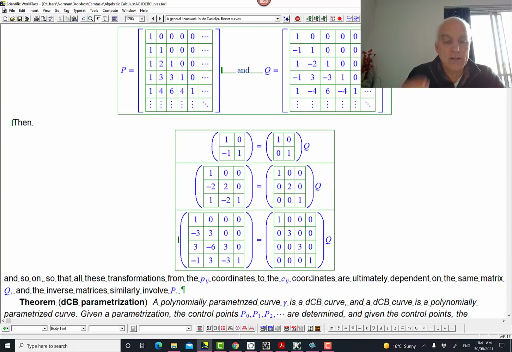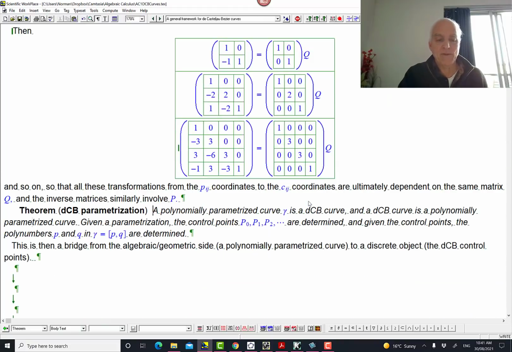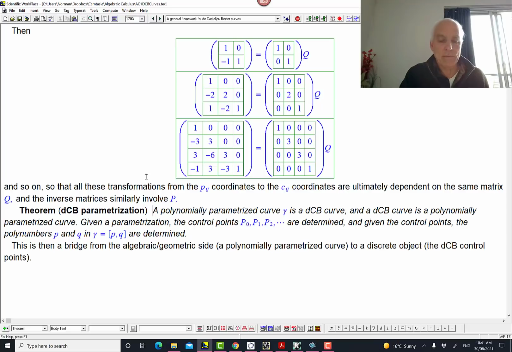All right, so this allows us to conclude that this transformation between the P's and the C's, that we've observed in these low-dimensional cases, is really quite general and allows us to formulate this major theorem, which we might call the DCB parametrization theorem: a polynomially parametrized curve gamma is a DCB curve, and a DCB curve is a polynomially parametrized curve.